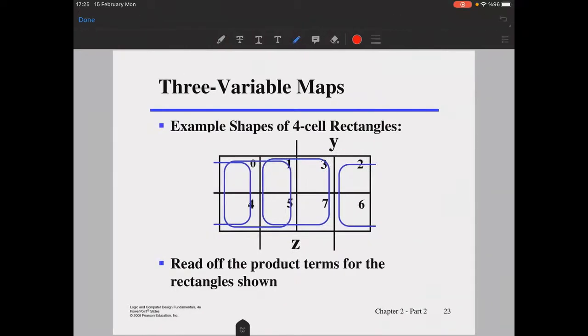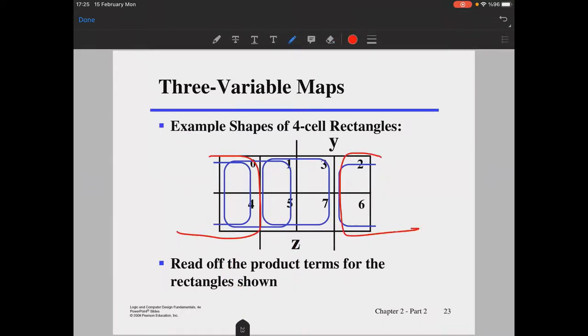And what else? We have now size 4 rectangles here. The one in the middle is z, and this one is y naught. What else do we have here? And how about this one? Let's read together.